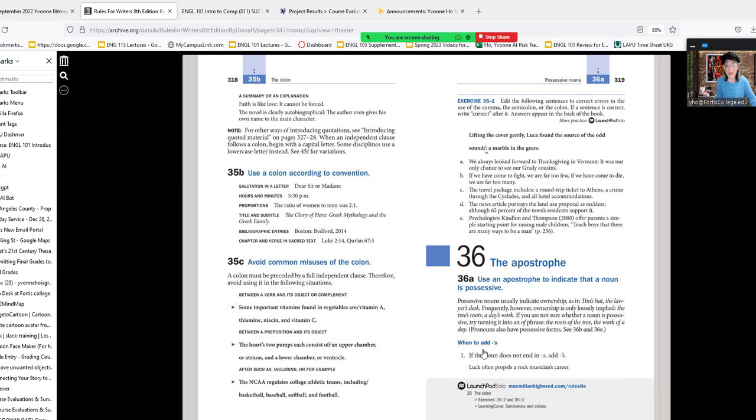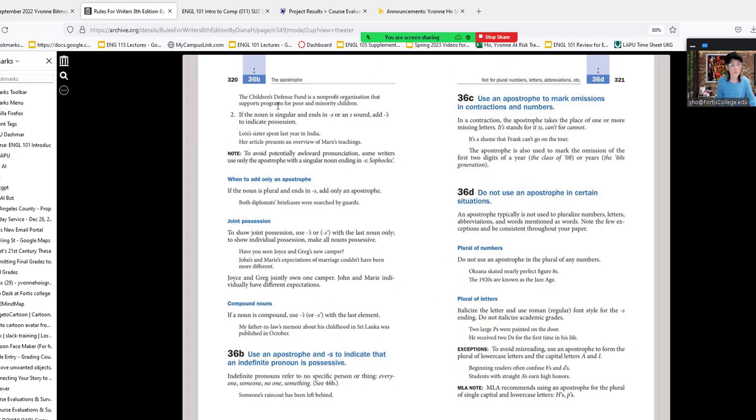So when to add apostrophe s. If the noun does not end in s, add apostrophe s. Luck often propels a rock musician's career. The Children's Defense Fund is a nonprofit organization that supports programs for poor and minority children.